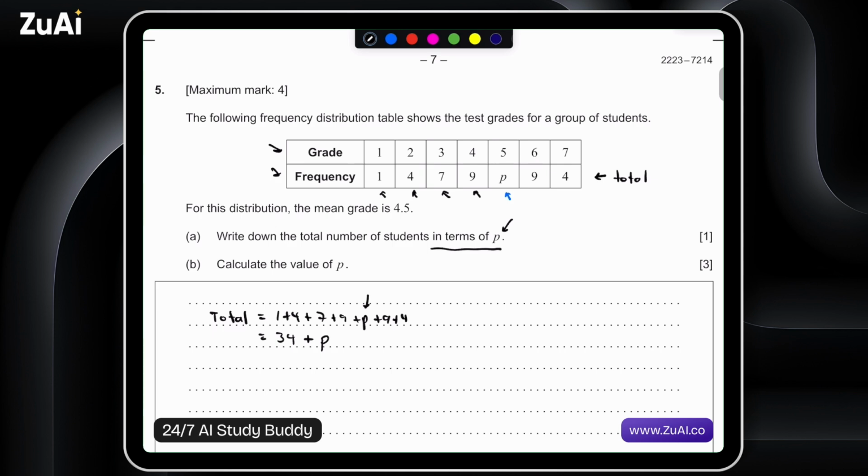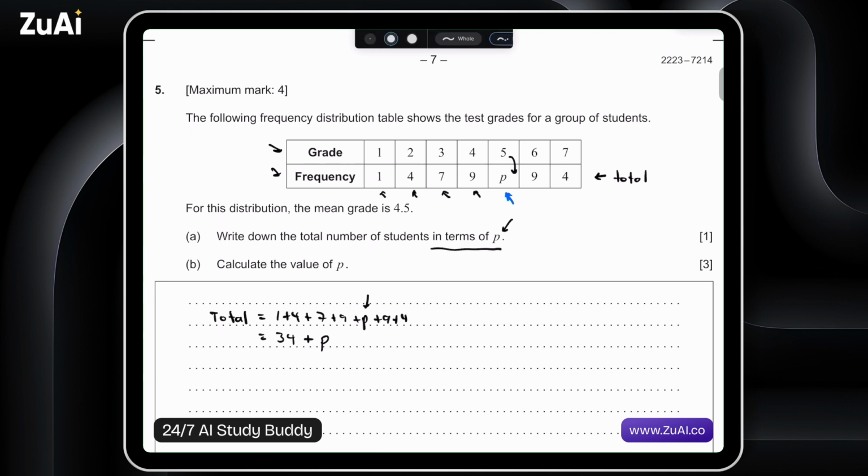So we have 34 students plus this unknown value of P, and that would give us our total number of students. So total number of students in terms of P is just 34 plus some unknown value of students that got a score of 5.